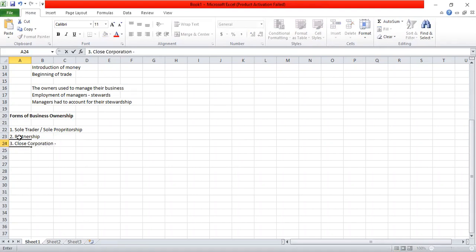So these are incorporated businesses registered in terms of the Close Corporations Act 69 of 1984.